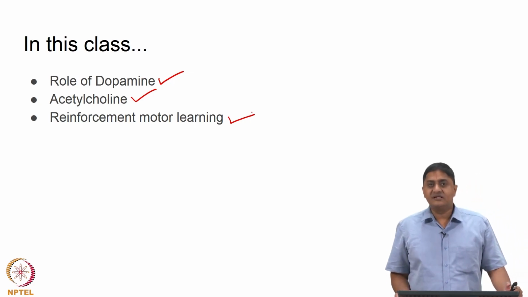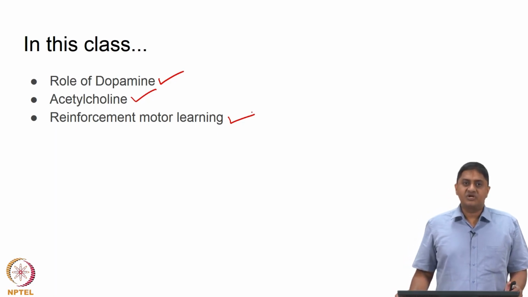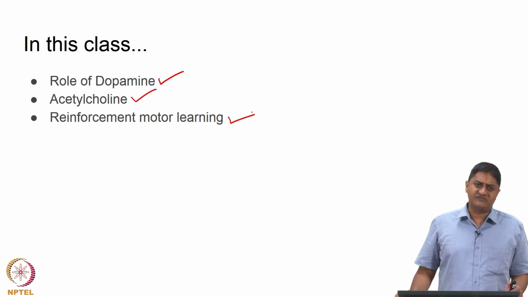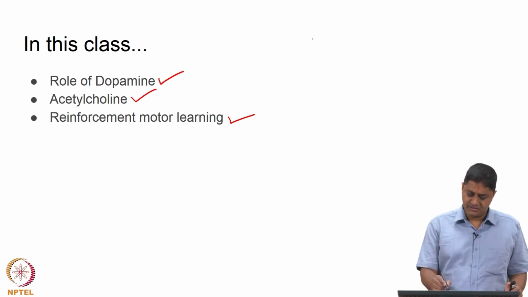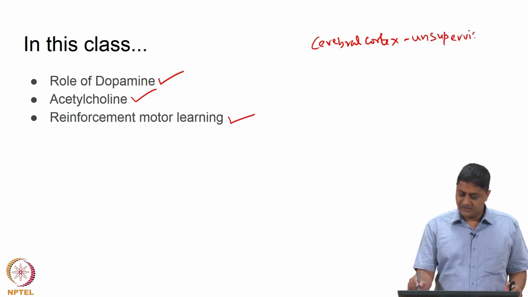So, essentially learning or specifically motor learning seems to happen in multiple regions of the brain. These include the cerebral cortex or the motor cortex, which essentially performs some sort of unsupervised learning, what the computer scientists would call unsupervised learning.